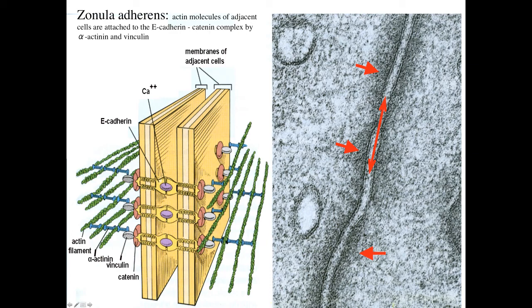The arrows on the electron micrograph are reflecting the cytoskeletal components that are drawn on the diagram. So again, you can imagine these zonula adherens holding the cytoskeleton of one cell tightly to the cytoskeleton of another cell, helping to maintain the integrity of the epithelial sheet. So for example, these cells would have high resistance to shear forces.